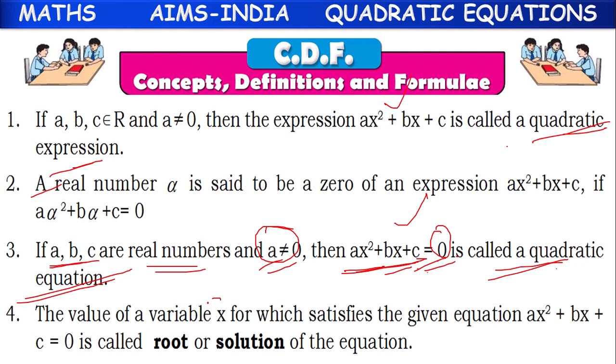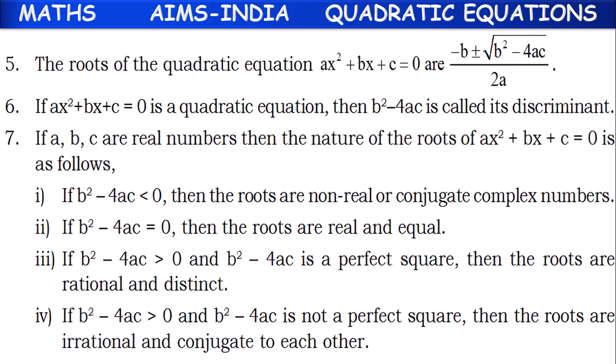The value of variable x for which this equation is satisfied, already the right hand side we have 0, if we keep that value in the place of x, the left hand side also becomes 0. That value of x is called a root of the equation, a solution of the equation.